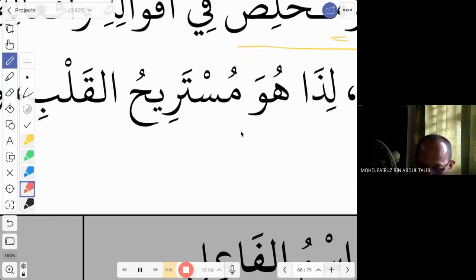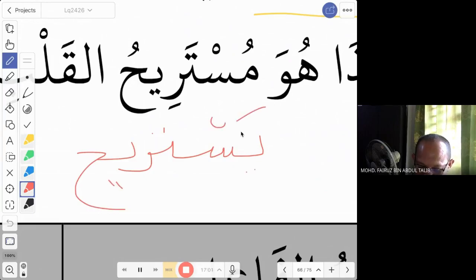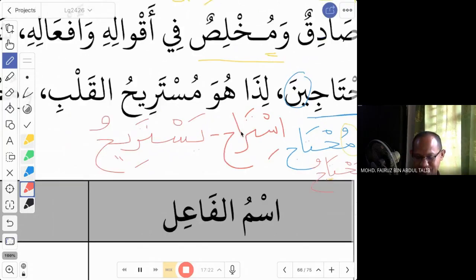You need to know the fi'il. The fi'il is obtained by replacing the middle mim with a ya. The word is yastarihu, and the madi for this word is istaraha. What is istaraha yastarihu? The masdar is istiraha; in Malay we say istirahat, to rest.